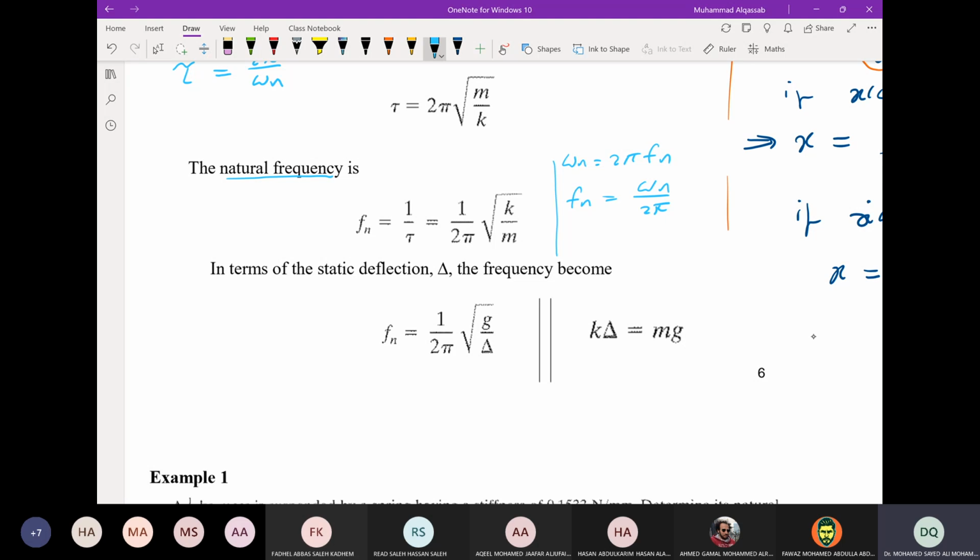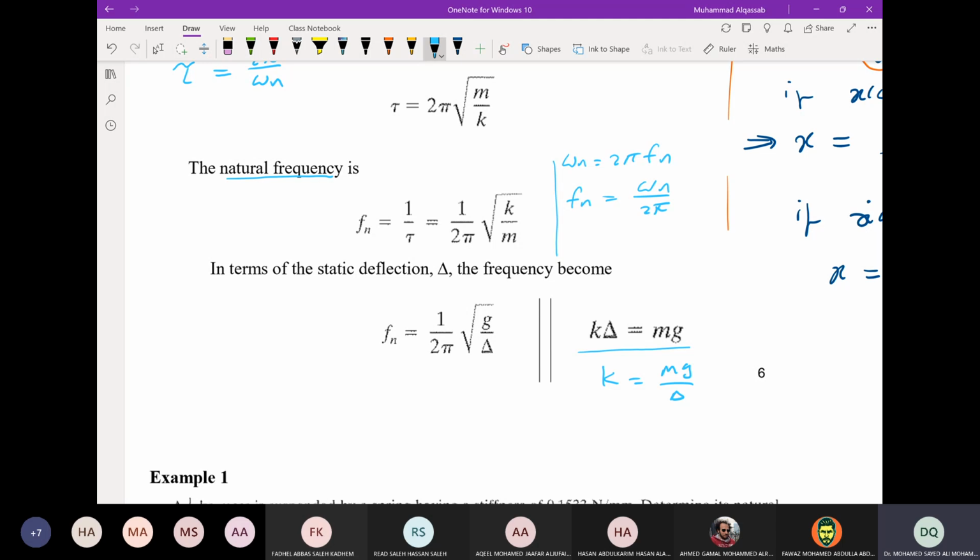And from the static equilibrium equation, k delta equals mg, or you can put k equal to mg over delta, and then substitute in fn, you get that fn equals 1 over 2 pi square root of g over delta.